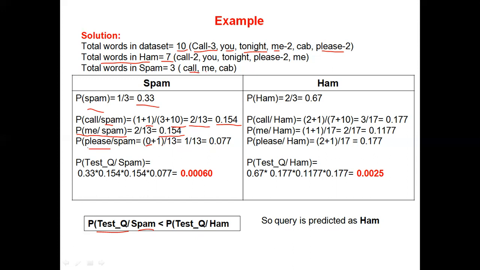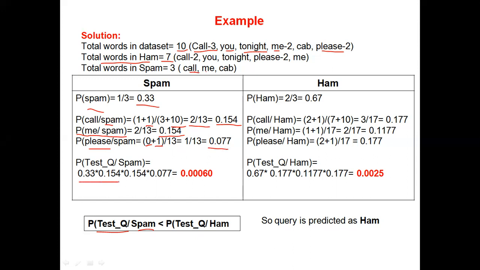And when we multiply this probability with the other probabilities, the complete probability of the query for the given spam will become 0, and we will lose the information about call and me also. To avoid this, we are adding 1 here. So this term will become 1 by 13 and my probability is 0.07.